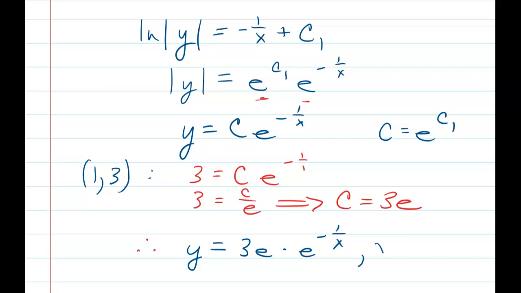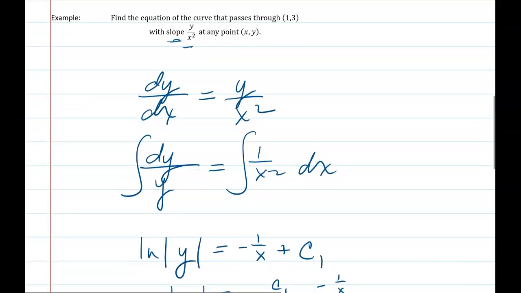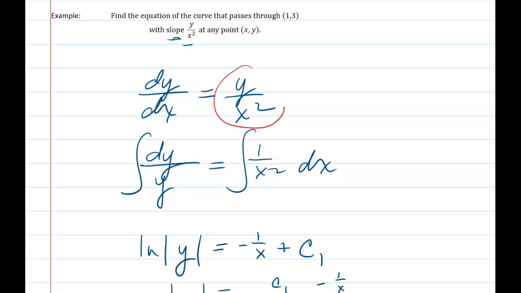And x is greater than 0 here. Now, why is x greater than 0 here? Well, we go back and look at the initial condition for this particular solution, and it is (1, 3), which is in quadrant 1. Quadrant 1 is above the x-axis. If we go back up to the original differential equation, we can see that x cannot be 0.